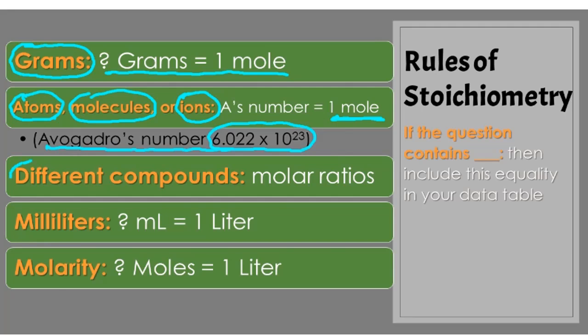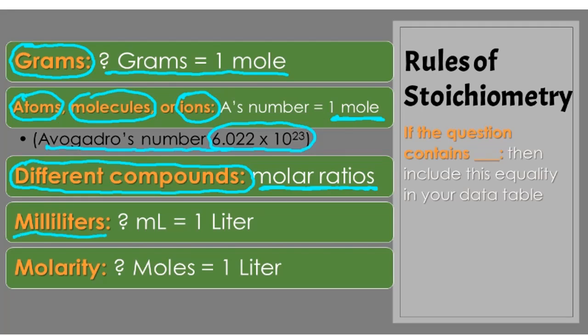Now, every time there were different compounds on either side, because remember we had hydrogen gas on one side of the equal sign and ammonia on the other side, we used molar ratios. For every so many moles of hydrogen gas, so many moles of ammonia was made.